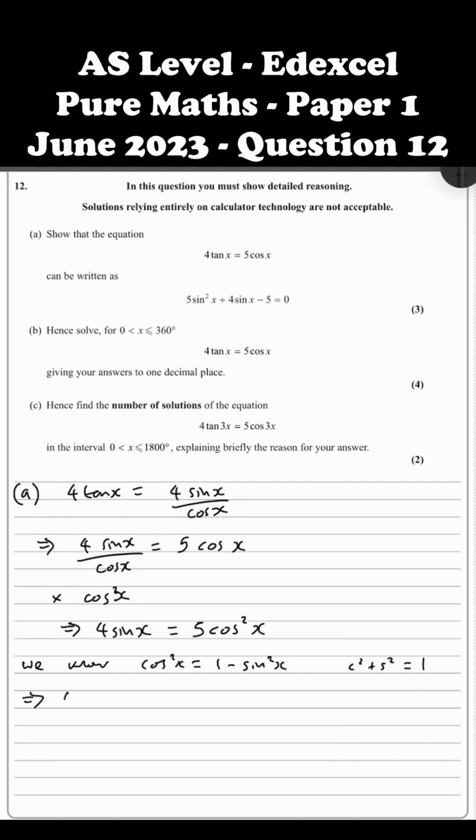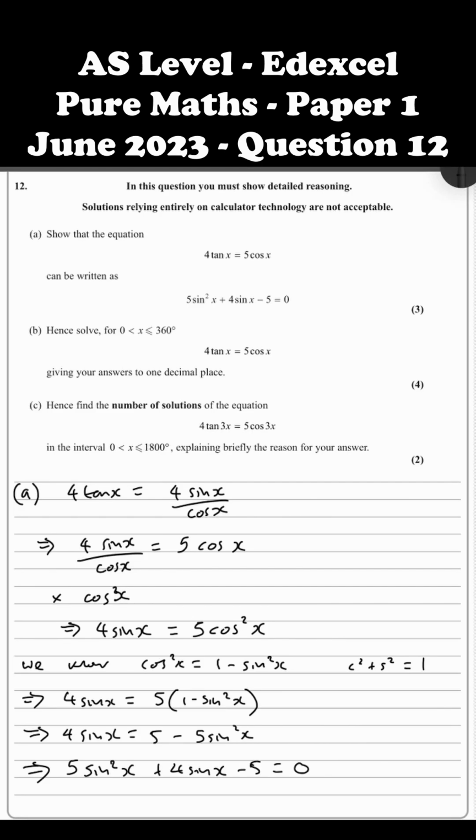Therefore, this is the same as saying 4 sine x equals 5 lots of 1 minus sine squared x. Therefore, this is 4 sine x equals 5 minus 5 sine squared x, which we can rewrite as 5 sine squared x plus 4 sine x minus 5 equals 0, as required.